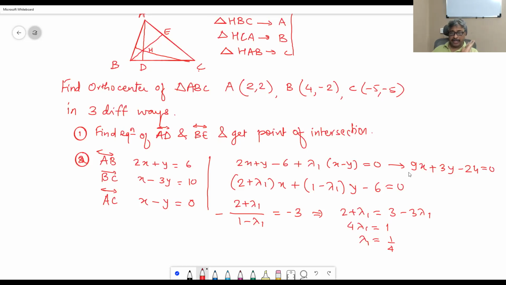I have achieved only AD right now. This is AD, and AD is 3x plus y minus 8 is equal to 0.